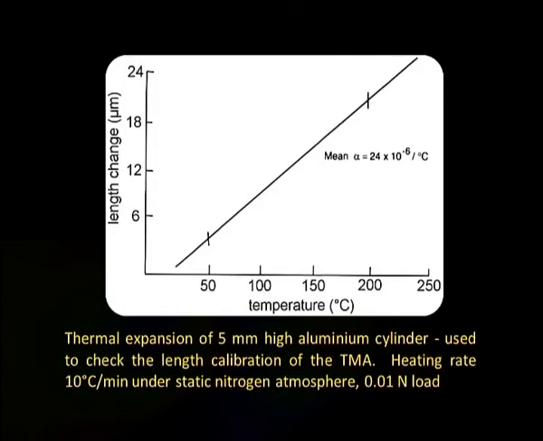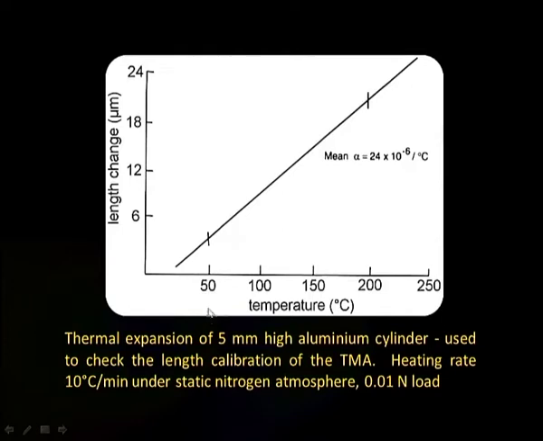Now, for further calibration, we can use thermal expansion of a 5 mm high aluminum cylinder, which is used to check the length calibration of TMA. Here the heating rate is 10 degrees Celsius per minute under static nitrogen atmosphere with a load of 0.01 Newton.